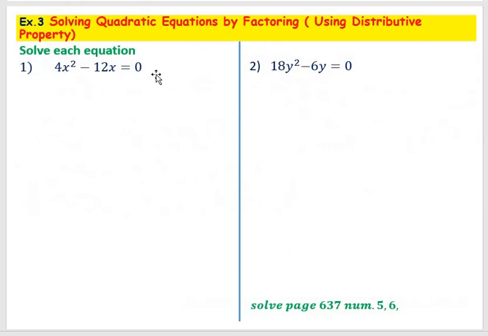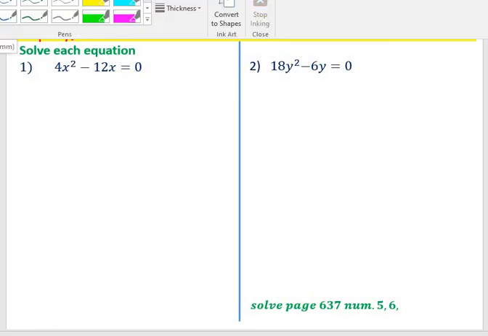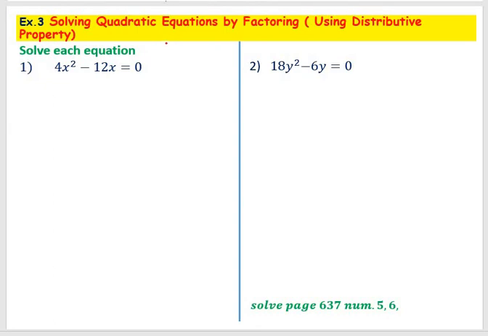Then the other example here, I'm solving quadratic equations by factoring using the distributive property. The distributive property is when I see that I have 2 terms like I have here, I can take a common factor between them. I can take the common factor divided into 2 parts, a number and a letter. Okay, let's begin with the number.